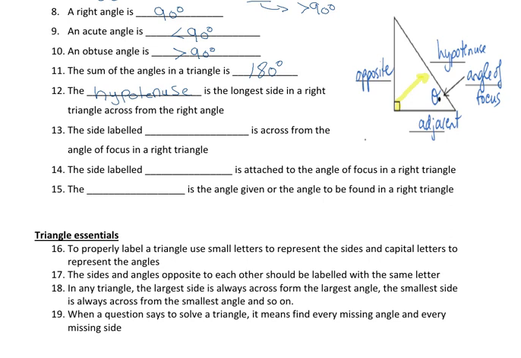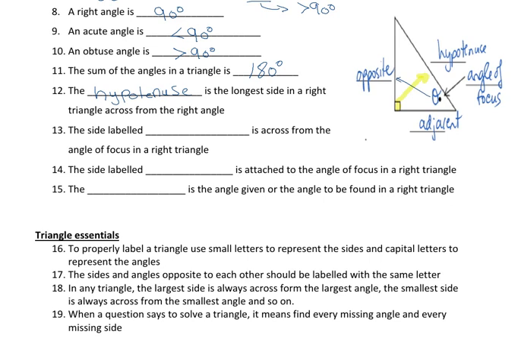If I look at this angle of focus, which side is opposite to this angle? It's the opposite side, right? So this is called your opposite side right here, because that's the one opposite to it. And we're going to call the third side the adjacent.